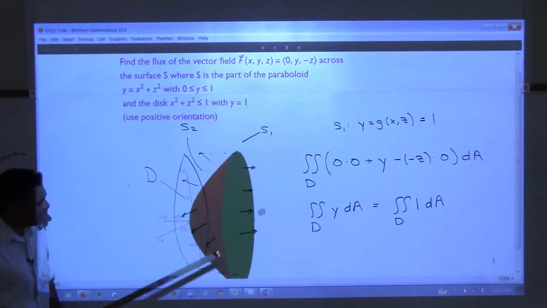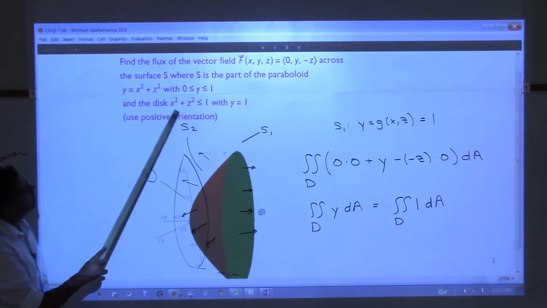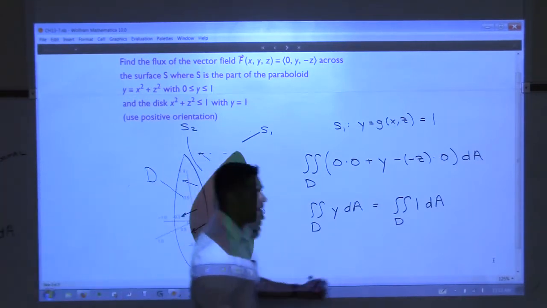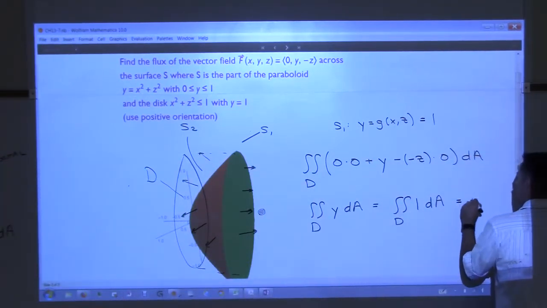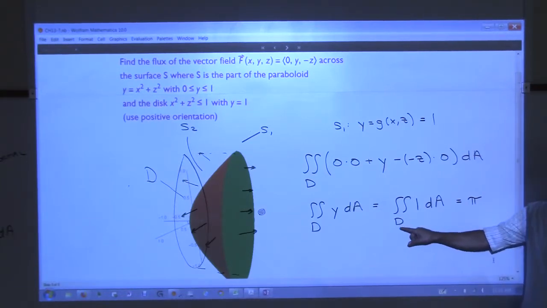And do we know the radius of this circle? It was 1 because of the inequality here, right? So if the radius is 1, it should just be pi times 1 squared. So it's just pi. Important thing to notice here is to keep track of what D is in the problem.